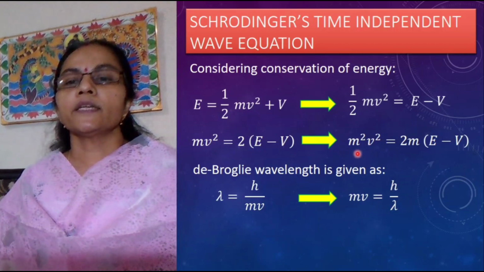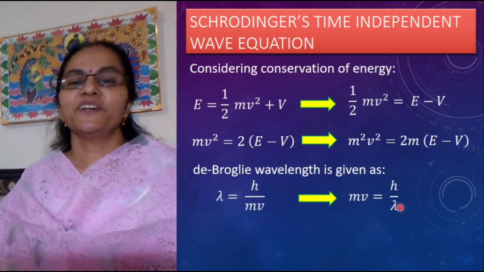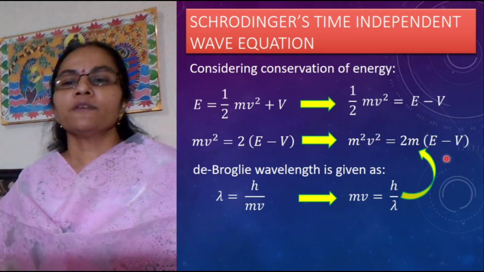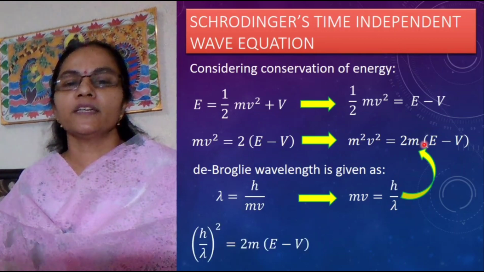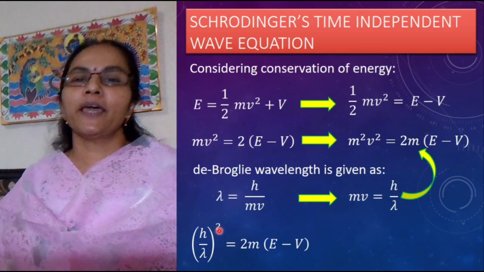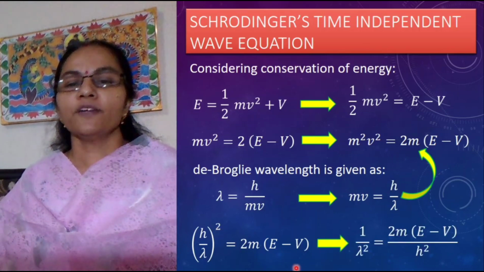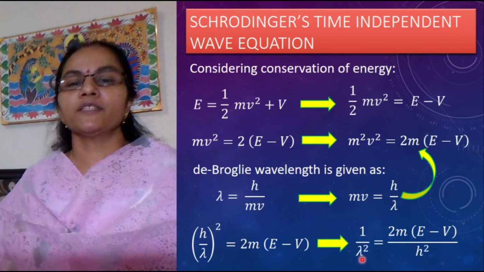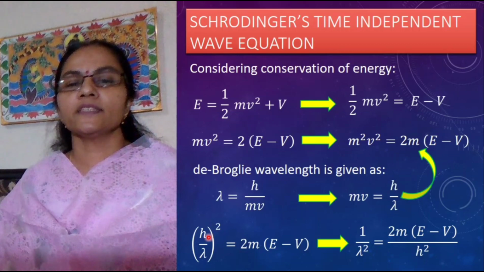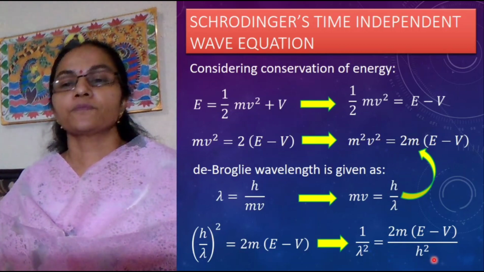So I can write m square v square as h by lambda whole square. Substituting that back over here, we can write h by lambda whole square equals 2m into E minus V. And from here, 1 by lambda square will be equal to 2m into E minus V, and this h square will go down, so divided by h square.